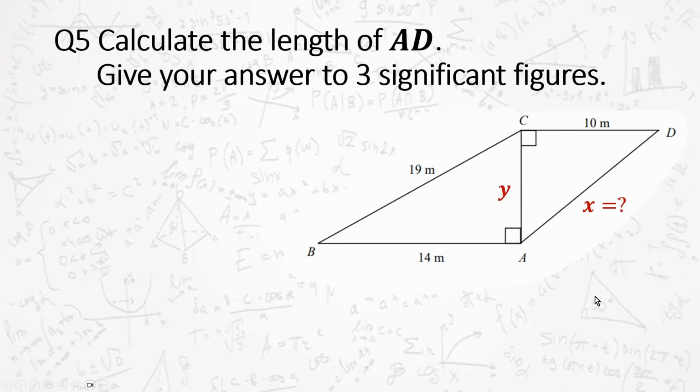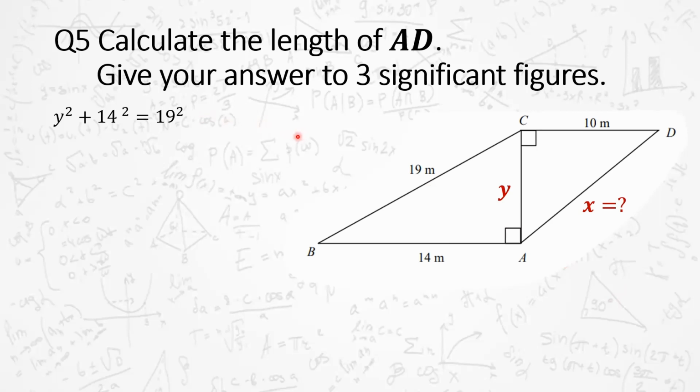Okay, now we can set up our equation by using the triangle on the left-hand side and then the triangle on the right-hand side. By using the triangle on the left-hand side, we have the longest side of 19 meters opposite the 90 degrees here. Therefore, for using Pythagoras, we will have y squared plus 14 squared equals 19 squared.